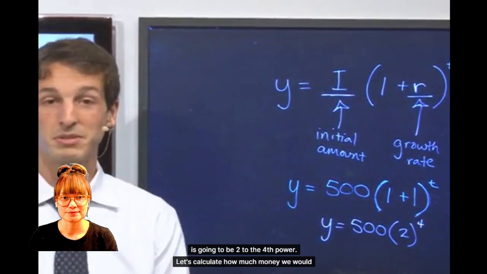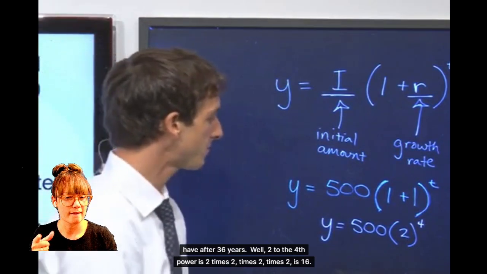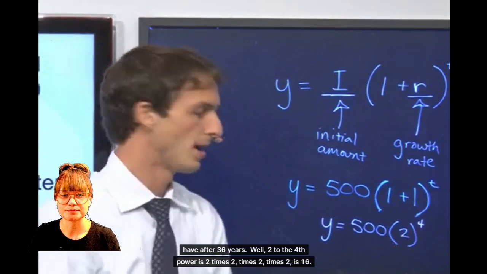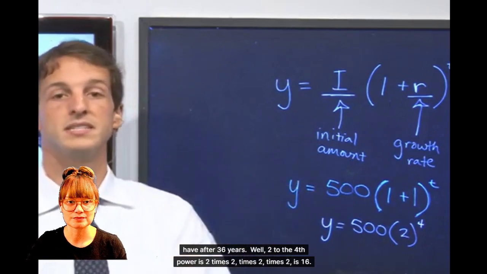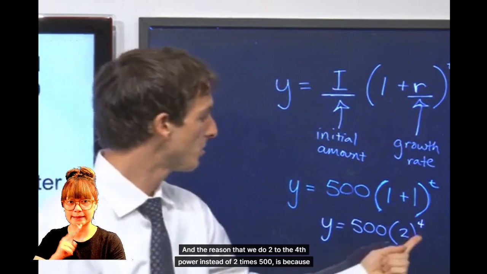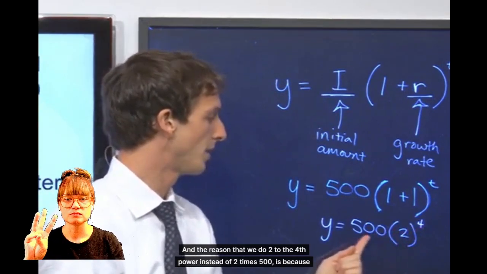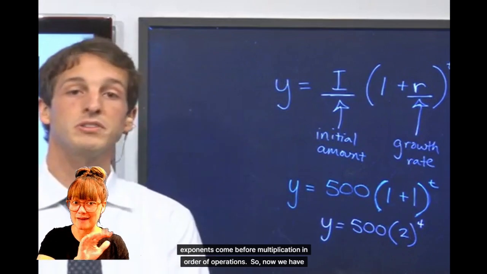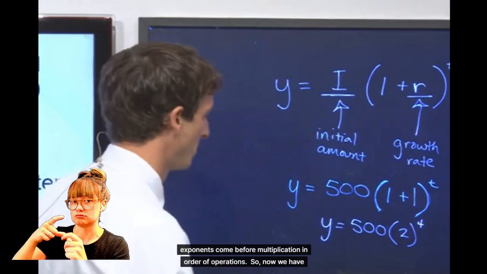So let's calculate how much money we would have after 36 years. Well, 2 to the fourth power, 2 times 2 times 2 times 2 is 16. And the reason that we do 2 to the fourth power instead of 2 times 500 is because exponents come before multiplication in order of operations.